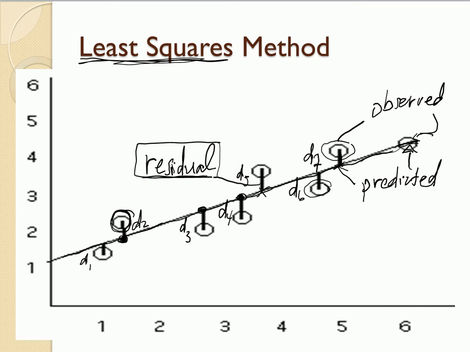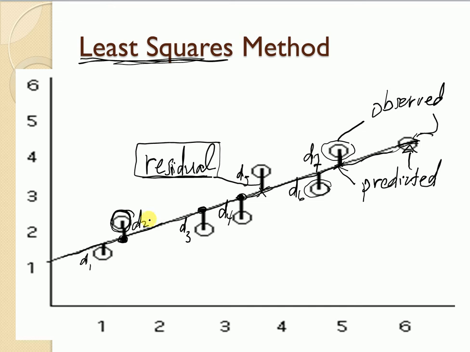Now, because some of the data points lie below the line and some lie above the line, this means that sometimes the distance would be positive and at other times the distance would be negative.